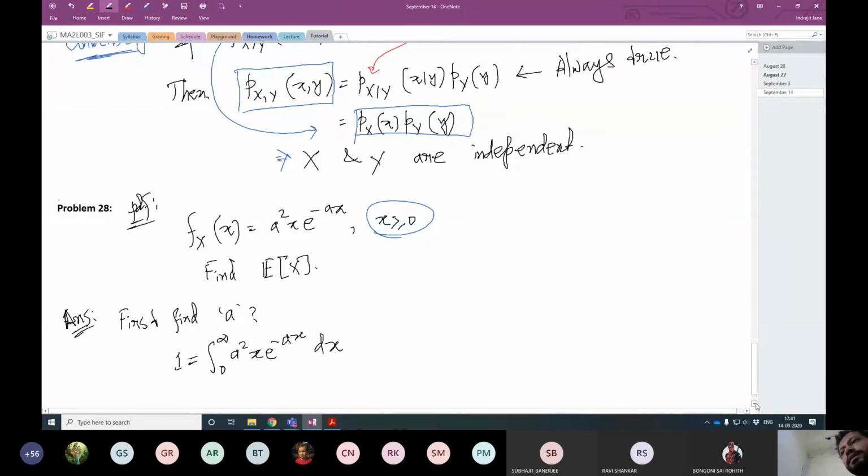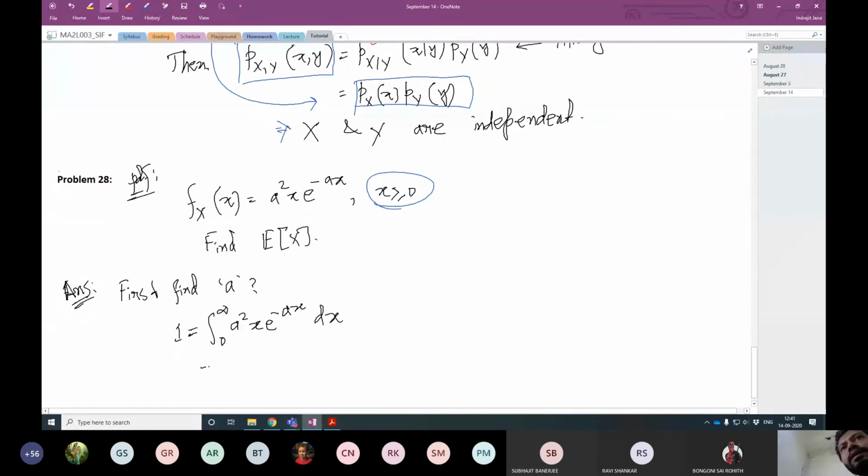So when you do the integration here, and if you do a substitution, say ax is equal to u, then you would see that this will simply become u e to the power negative u du from 0 to infinity.